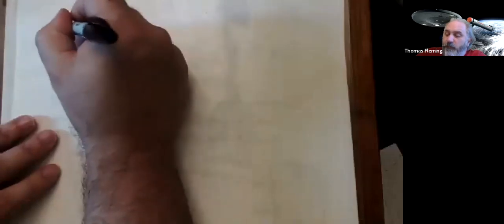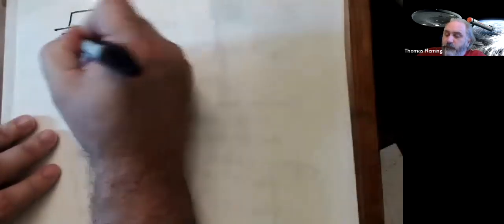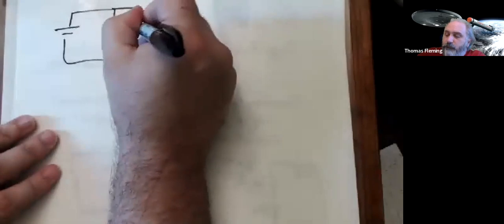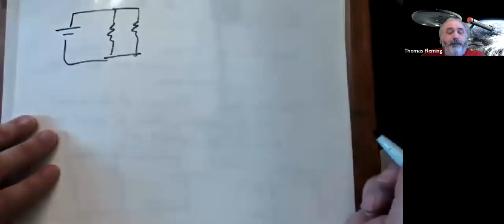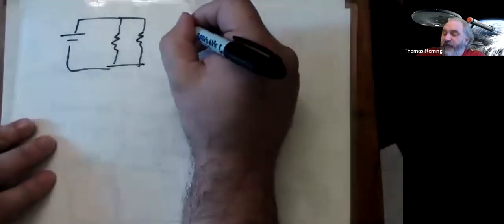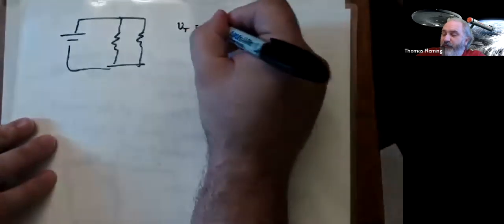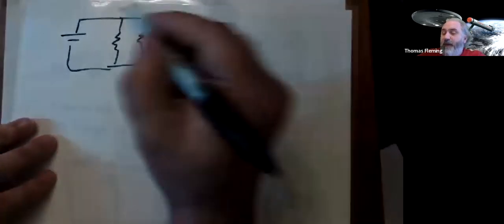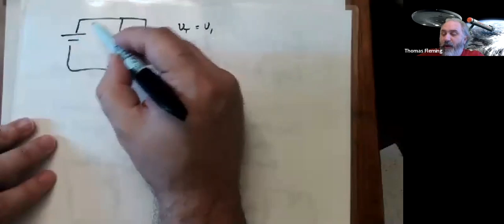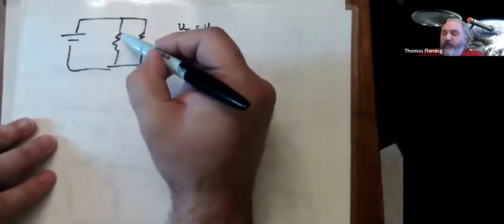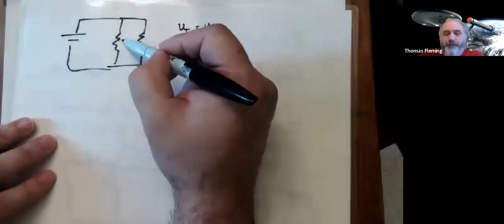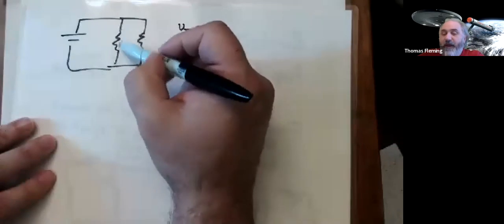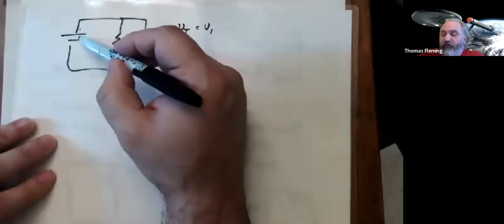When we did the same thing with parallel, right? Well, there we said that V total had to be the same as V1. Why is that? Because here's V total. If I go around this loop, the only resistor I go across is resistor 1. So this drop had to be the same as that increase according to the loop rule.